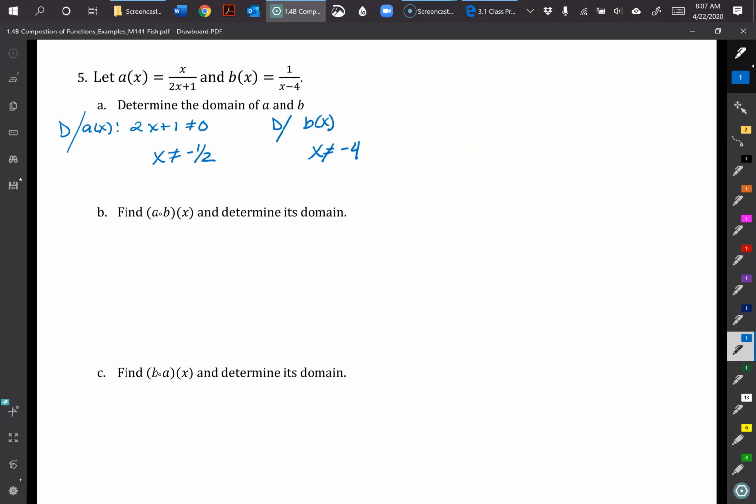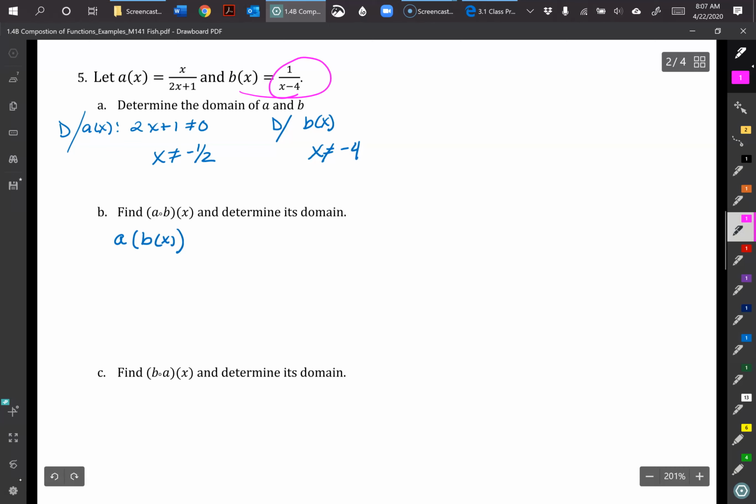So we've tracked that. One of the things we want to do is figure out this composition, a of b of x. So what we're going to do is take b of x and plug it right in everywhere we see x in the a of x function, which I'm writing right now, x over 2x plus 1.